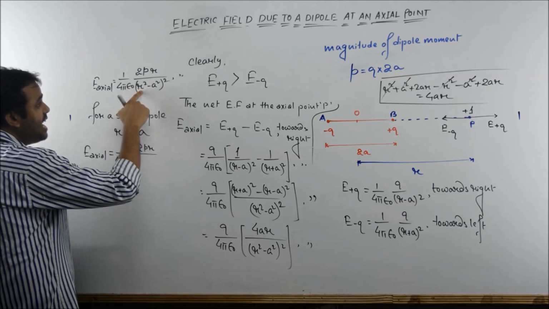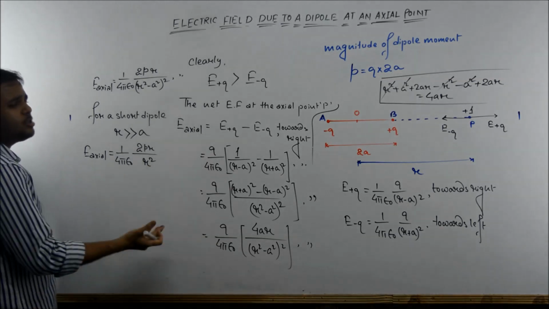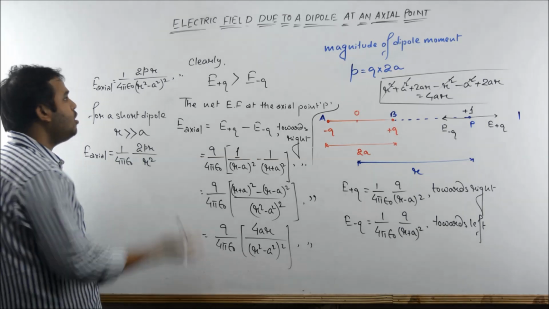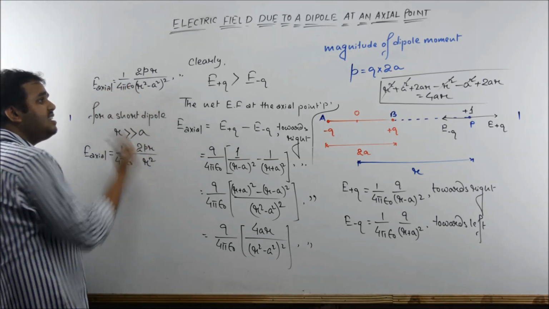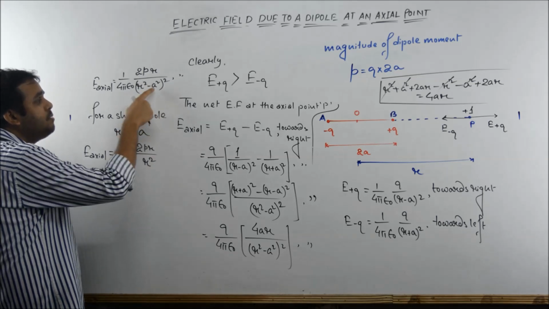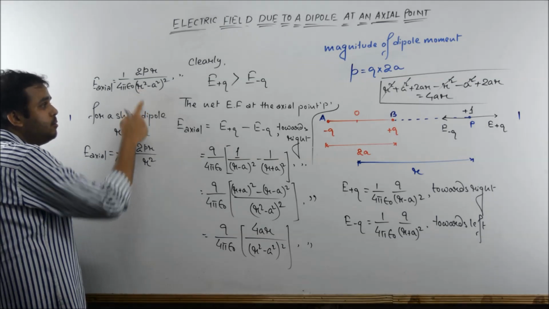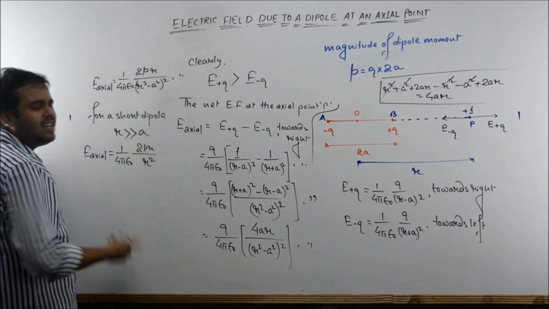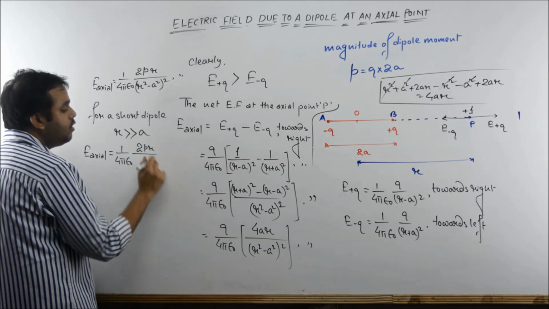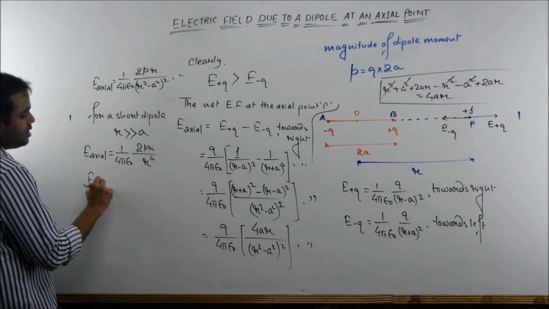Instead of writing r square minus a square, we will write r square, because r square minus a square is approximately equal to r square only, because a square is much less than r square. There is no point of subtracting such a small value from such a huge value. So (r square) whole square becomes r to the power 4. Clear, students?